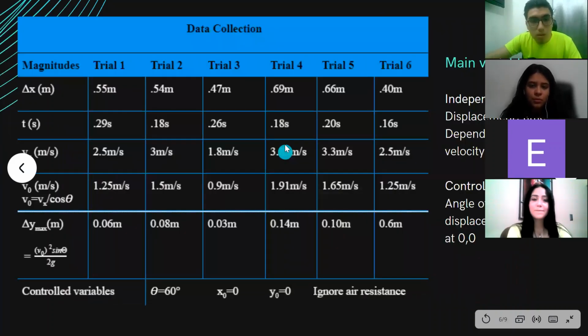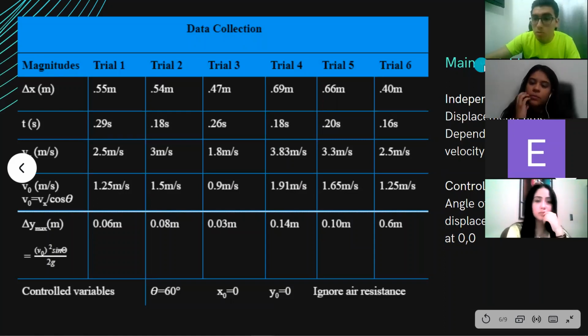And here we have the data collection from those trials that she already did. In these trials, she recorded the main independent variables, the displacement and the time, which she later used to calculate those initial velocities.